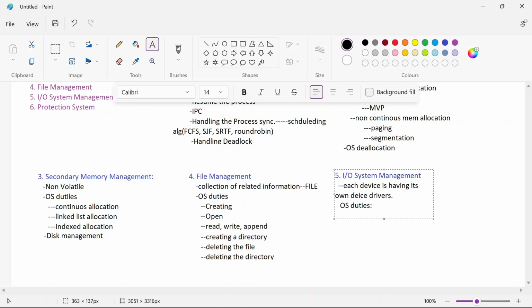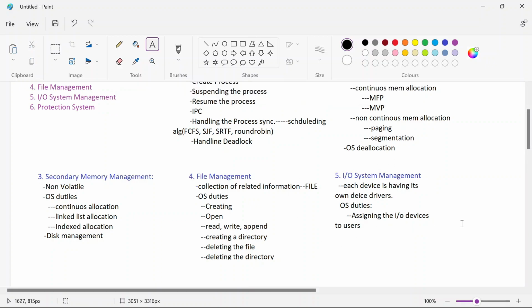Assigning the hardware resources, or assigning the IO devices, to users. Got it? How to do this, everything we are going to learn in future.